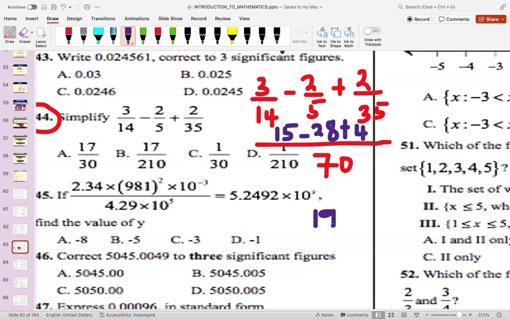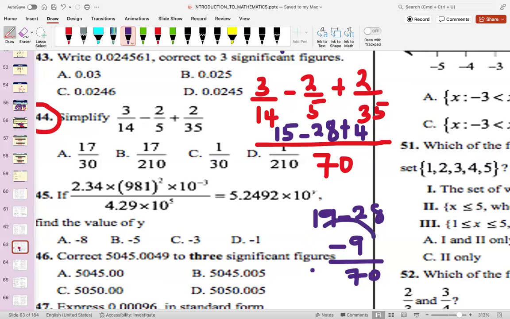So then we do 19 minus 28. 19 minus 28, we have negative 9 divided by 70. We can't have any number to cancel this 9 and this 70.